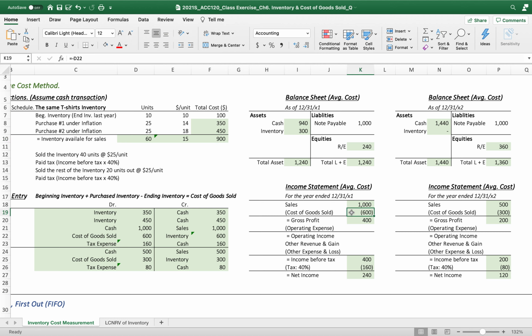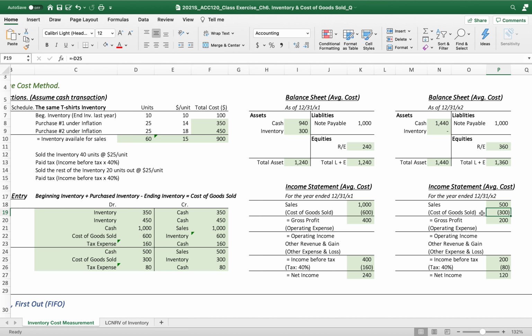Now, do you see the cost of goods sold? Cost of goods sold this first year is 600 from the inventory 900. Out of 900 we sold 600, and then the rest of the inventory sold out becomes the cost of goods sold of the second year.